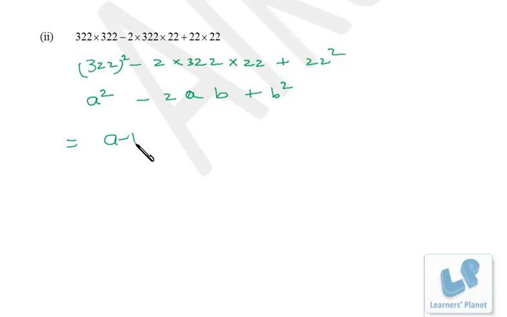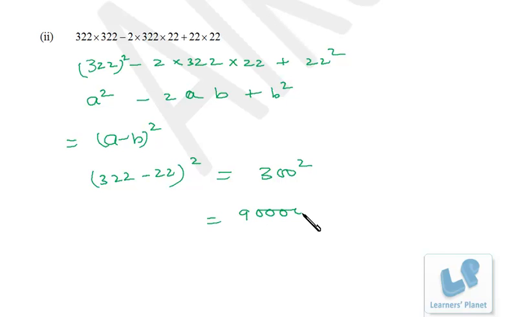It's (a minus b) whole square. A is what? 322. B is what? 22. So it's (322 minus 22) whole square, that is 300 square, and that is 90000, right? The problem can be solved in 2 simple steps. Okay?